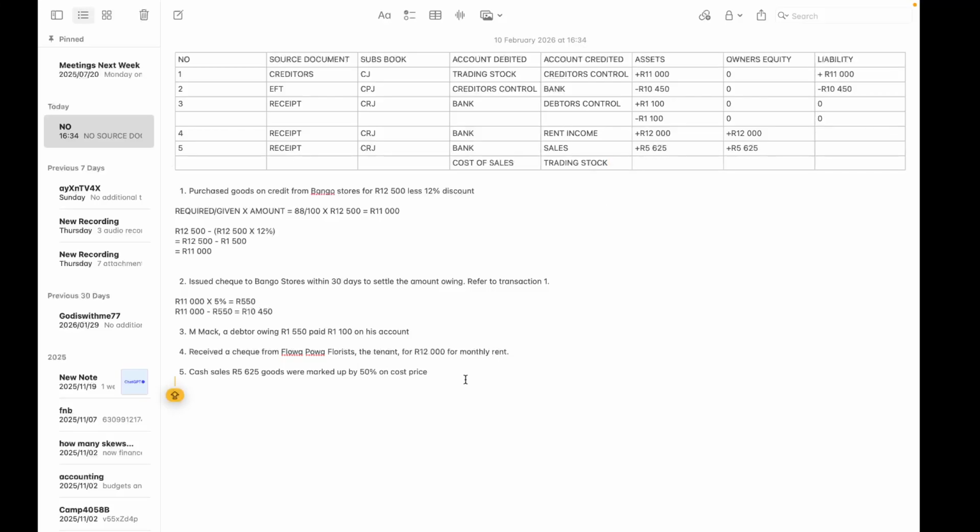So now we need to calculate exactly how much our cost price is, right? If they tell us that cash sales is 5,625 and markup is 50%, we can say, to calculate cost of sales, 50 over 100 times the amount, which is 5,625.